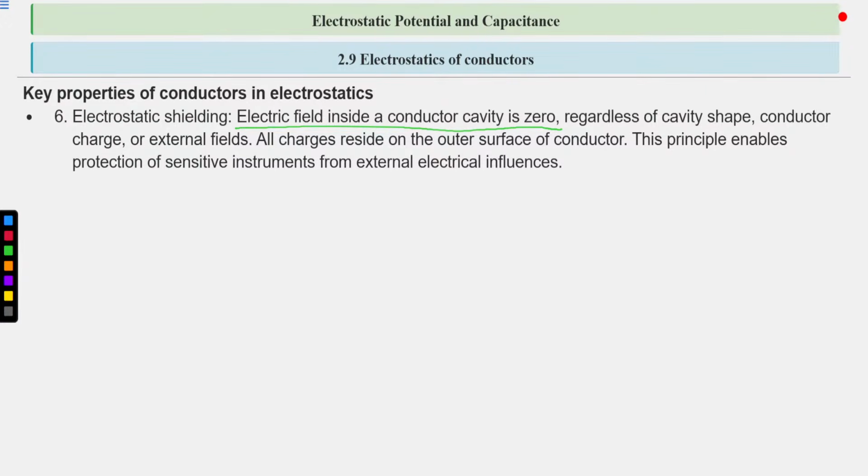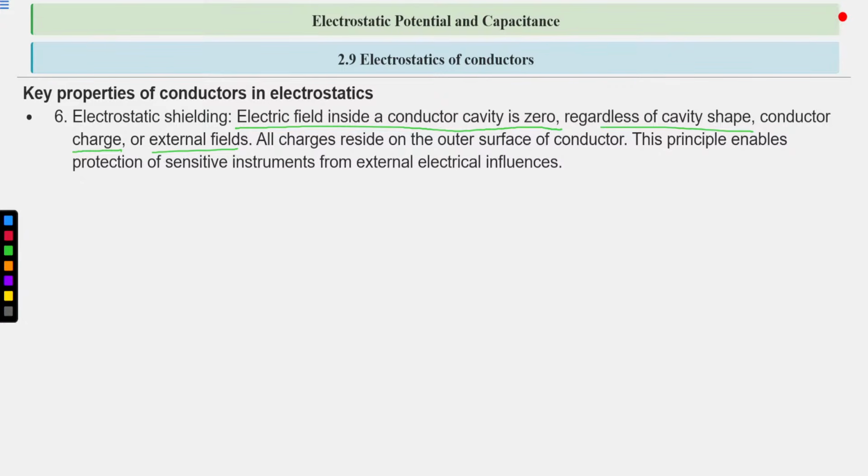So a cavity can be large, small, or of any size. Regardless of cavity shape, conductor charge or external fields, the electric field inside a conductor cavity is always zero. Cavity shape doesn't matter, conductor charge doesn't matter, and external fields also don't matter.